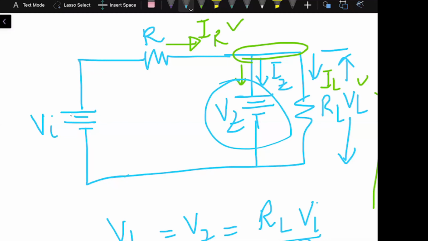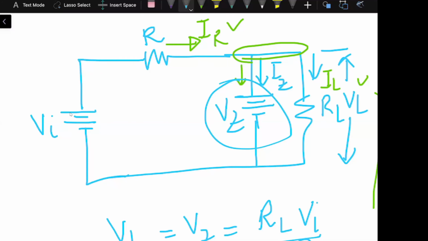If the VL value is less than VZ, we say that the zener diode is in the off region. If VL is greater than VZ, once there is no zener diode in the circuit, this shows that the zener diode will be in the on region.